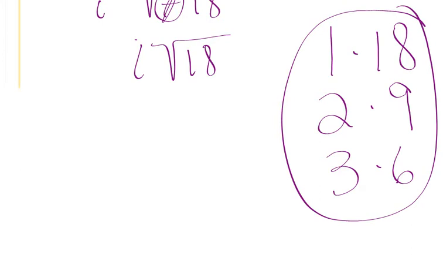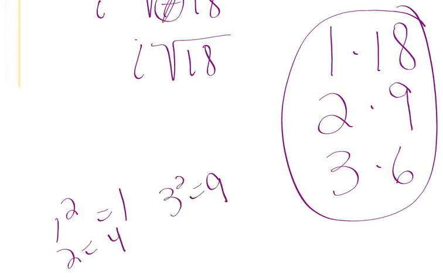What's 1 times 1? What's 2 times 2? Here's our perfect squares. 1 squared is equal to 1. 2 squared equals 4. 3 squared equals what? 9. Do you see any of these so far in our factors over here? Do you see a 1? Well, 1 we don't use.